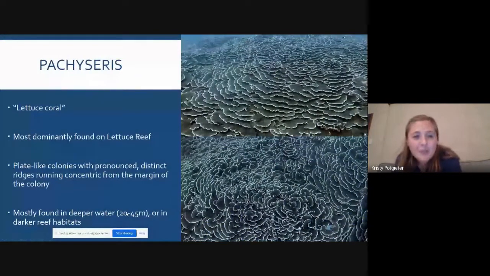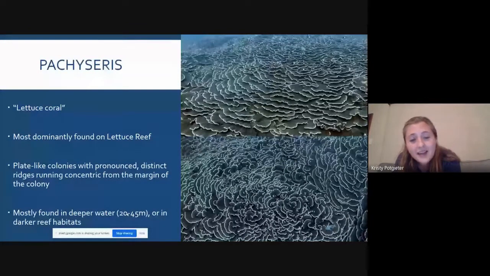Our next one is Pachyceros. So Pachyceros is also known as our lettuce coral, and it is most dominantly found on Lettuce Reef in Sodwana Bay. These are some pictures I took at Lettuce Reef, and honestly, the photos don't do the reef justice. It really is a beautiful spot to dive.